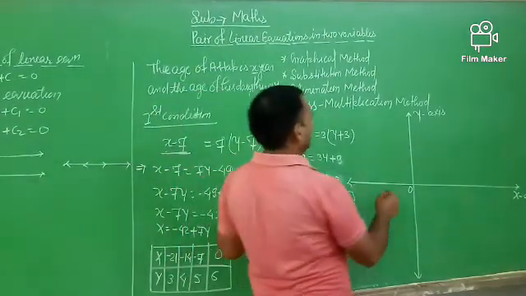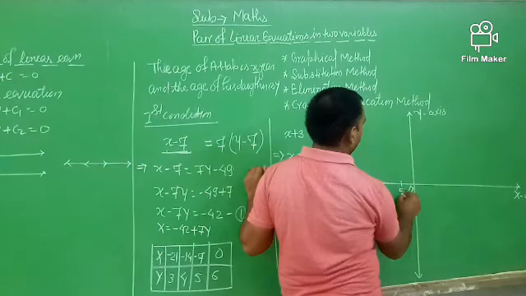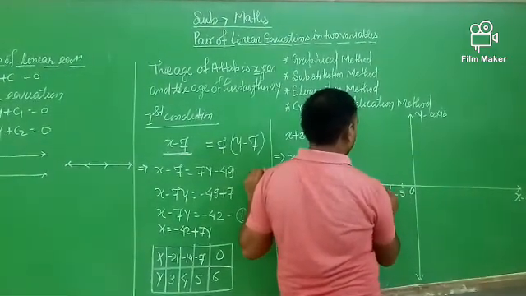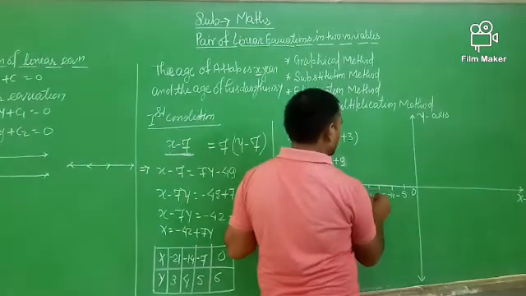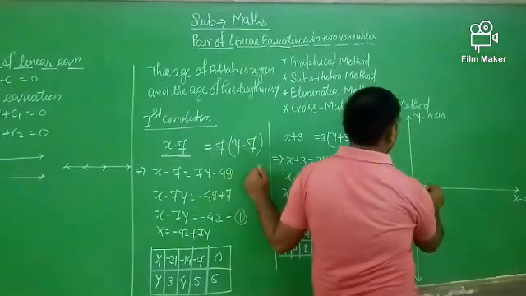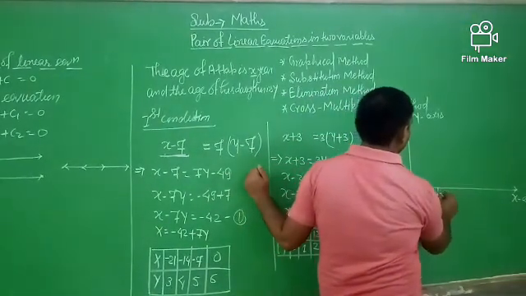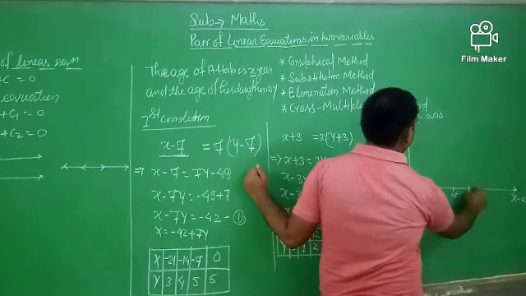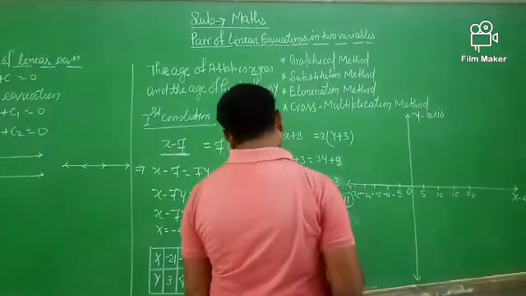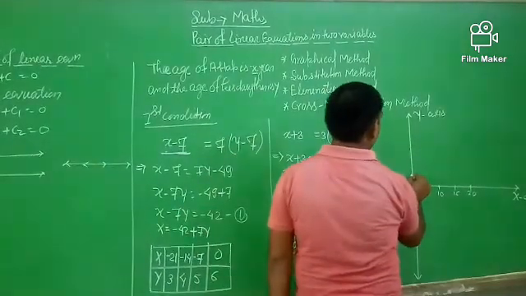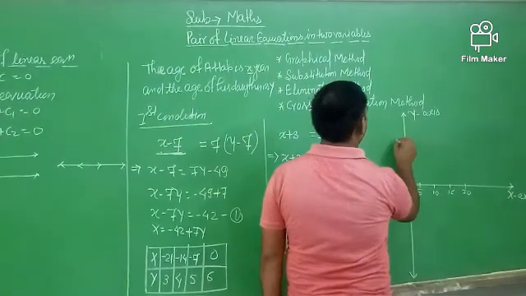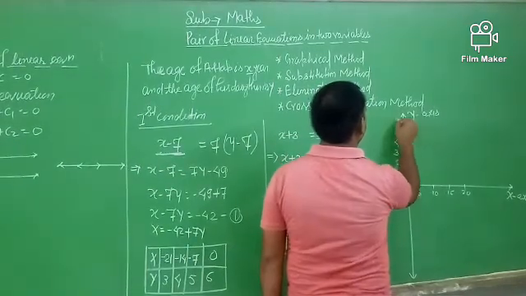So I take 5, minus 5, minus 10, minus 15, minus 20 and minus 25, and plus 5, plus 10, plus 15 and plus 20. The value of y is 1 to 6, so this is 1, 2, 3, 4, 5 and 6.